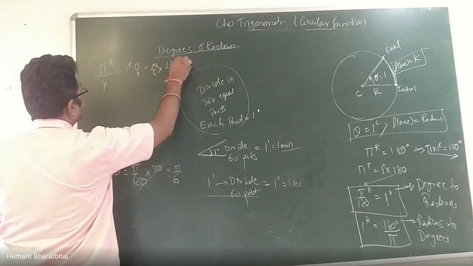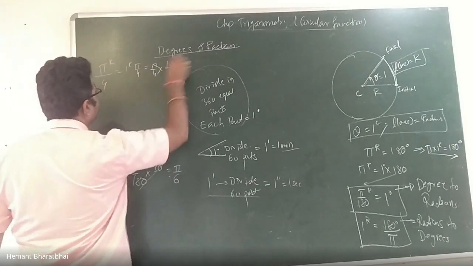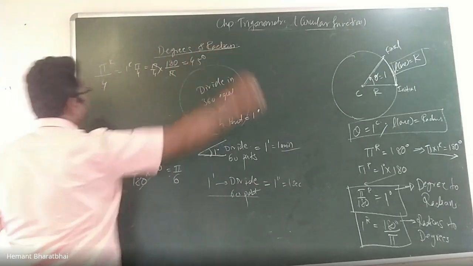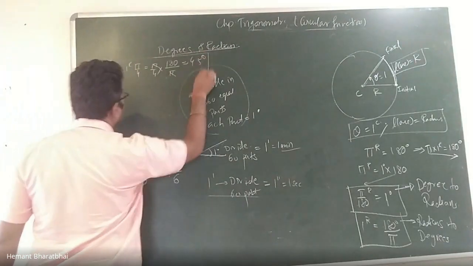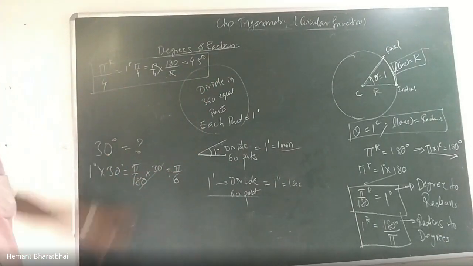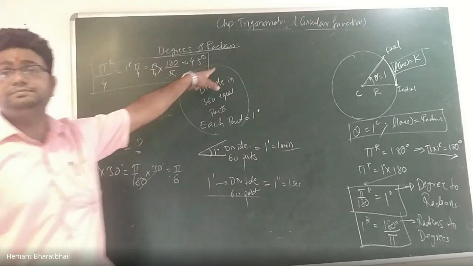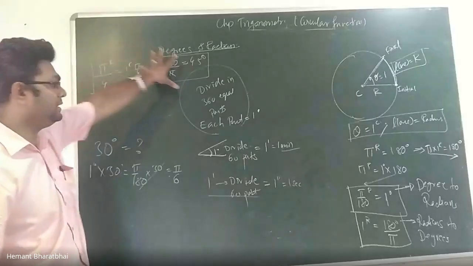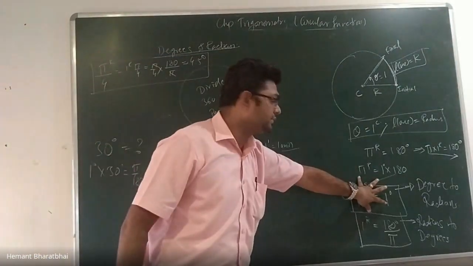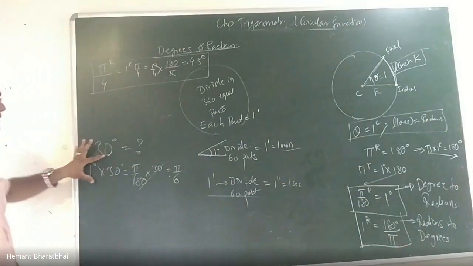Pi gets cancelled. 180 divided by 4 gives me 45 degrees. So this is how you can use that formula and convert radians into degrees, and you use the other formula to convert degrees into radians.